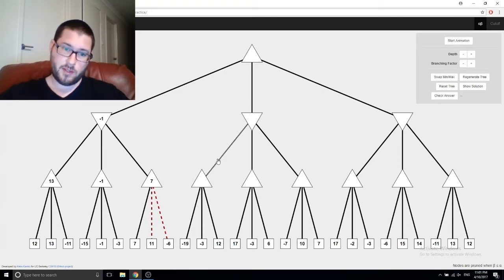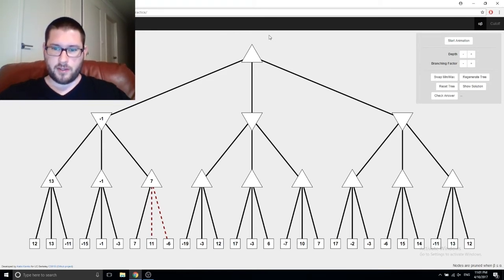You can also click on these branches to indicate that they're not to be explored, and you can click on the show solution button, which will show you the alpha and beta values for each node. But don't worry about that yet, just wait until after the video, and then it will hopefully allow you to solidify your knowledge of it.